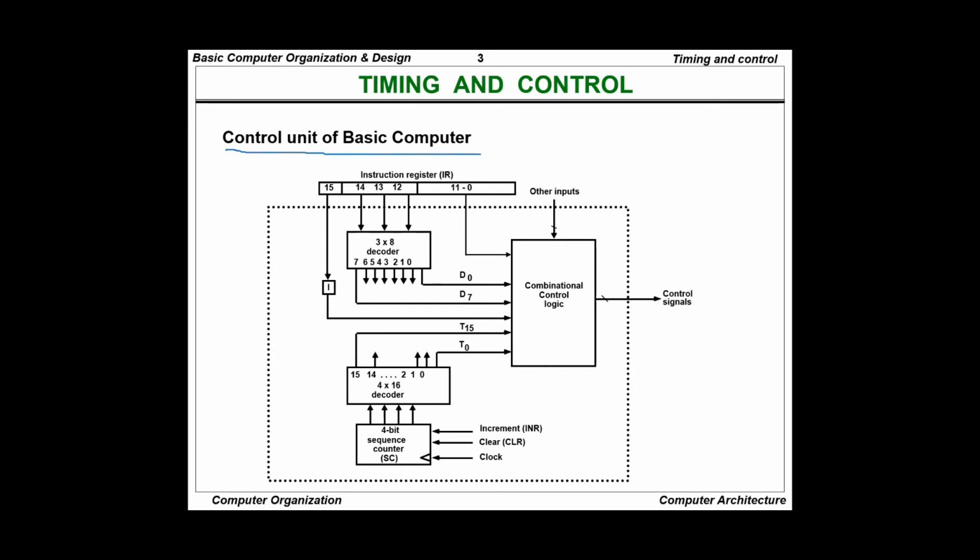Bits 0 to 11 are the address. Bits 12 to 14 are the opcode. And bit 15 is the I bit, which can be 0 or 1. If the I bit is 0, it is direct addressing. If the I bit equals 1, it is indirect addressing. All these instructions will be stored in the instruction register.